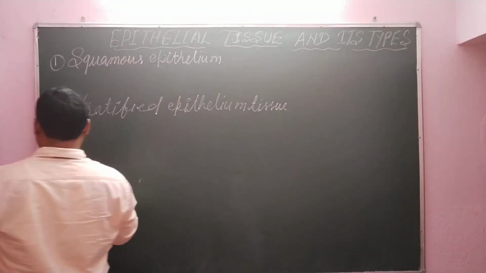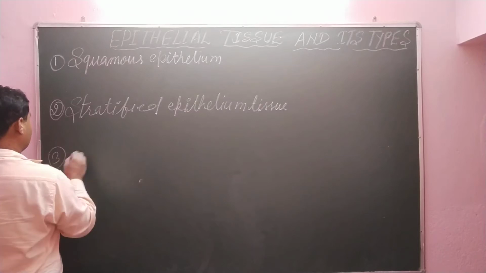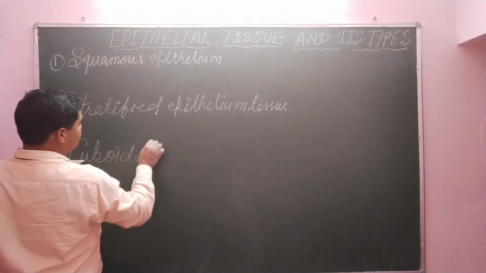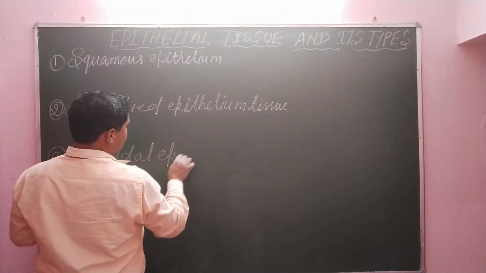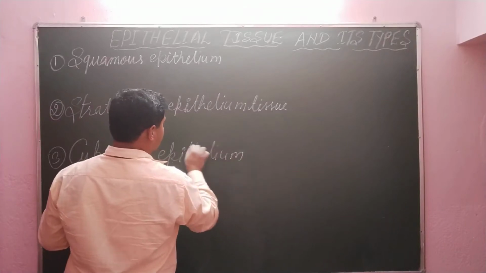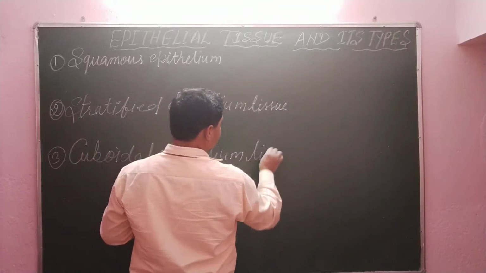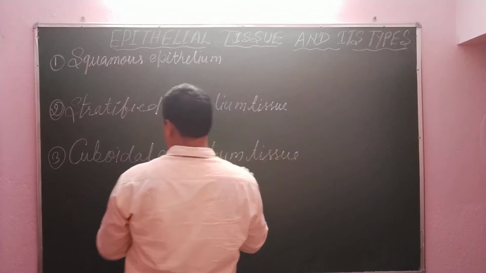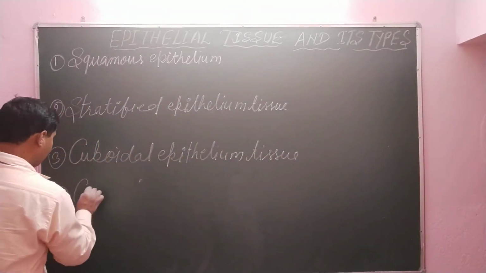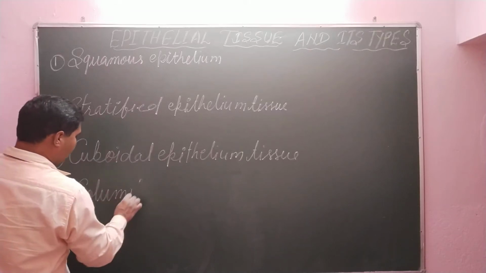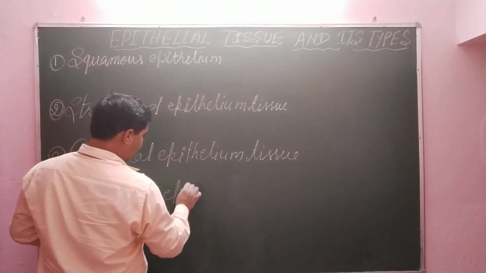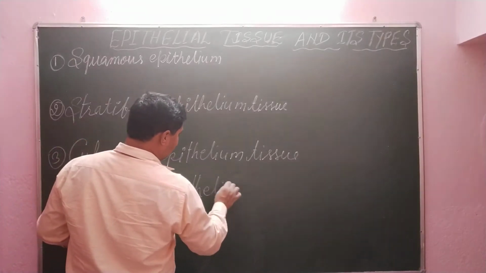Third, cuboidal epithelium tissue. Fourth, columnar epithelium tissue.